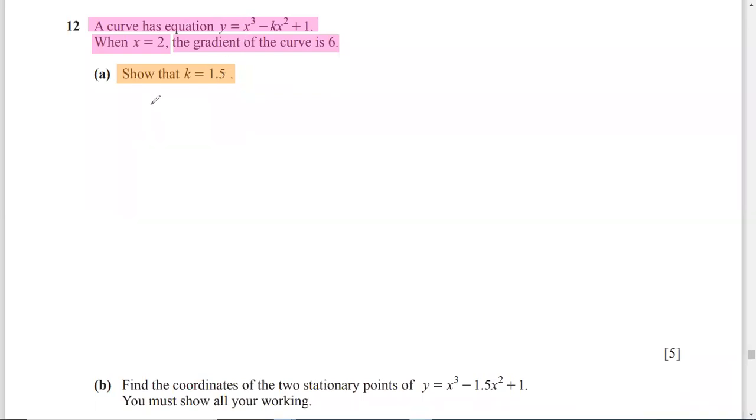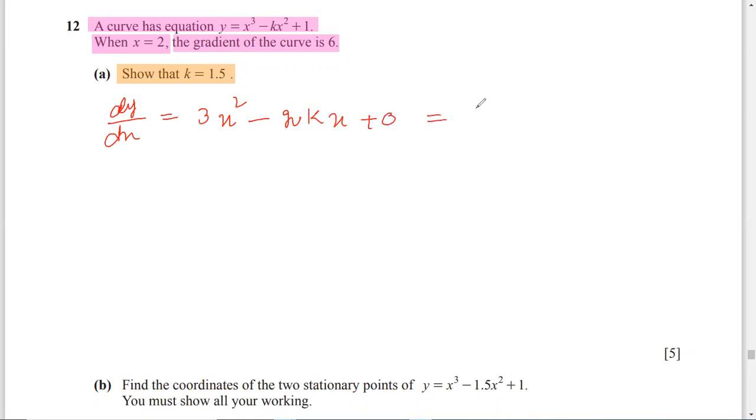Okay, by differentiation, dy over dx using the power rule is 3x squared minus 2kx, and the derivative of 1 is 0.